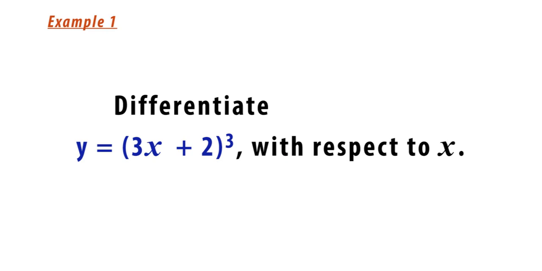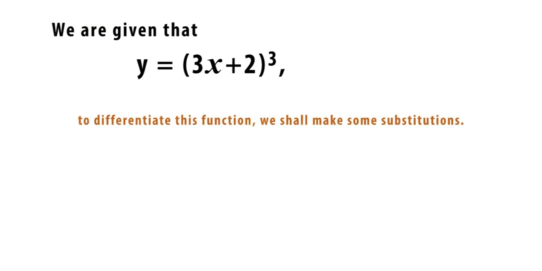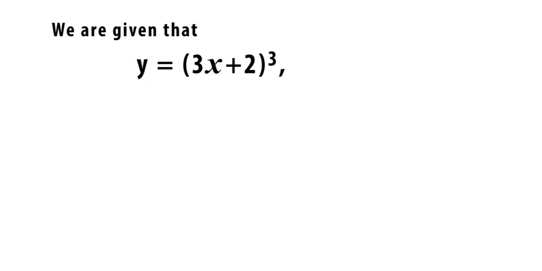Let's take the solution. We are given that y equals (3x + 2) cubed. To differentiate this function, we shall make some substitutions. Let u be the function inside the brackets, that is 3x + 2.